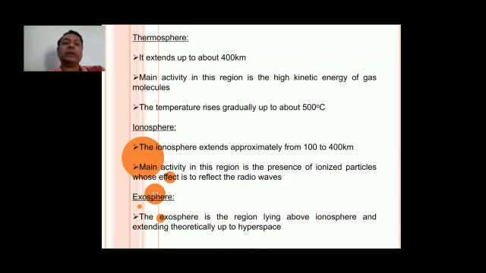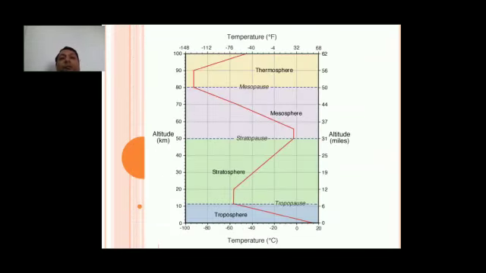Main activity in this region is the presence of ionized particles whose effect is to reflect the radio waves. Exosphere. This is the uppermost portion, which practically we can say, but theoretically there may be the hyperspace. But this portion is available above the ionosphere.